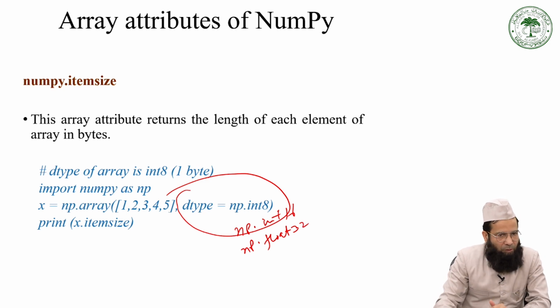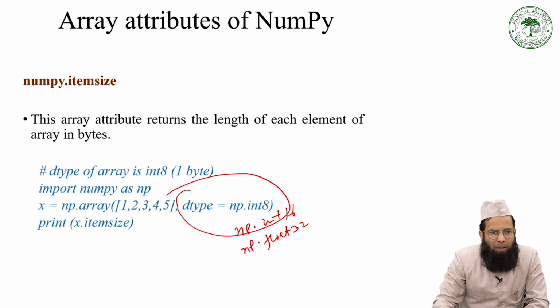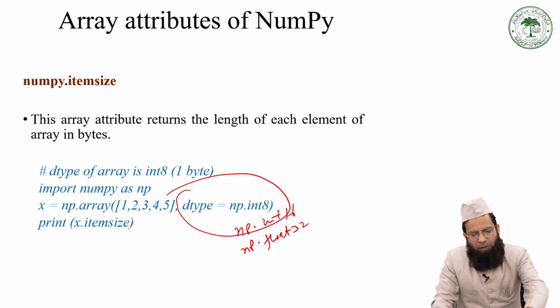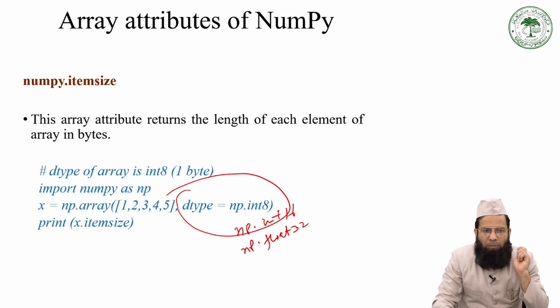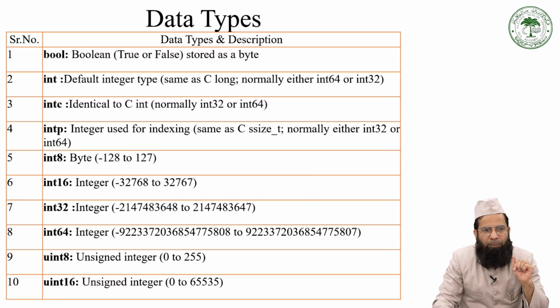So in this way, you can mention different data types. And itemsize will actually give you the individual element size. Like in this case, it would return 1, since it is int8, so 8 by 8, 1. So 1 would be written in this case. So the individual item has a size of 1 byte.